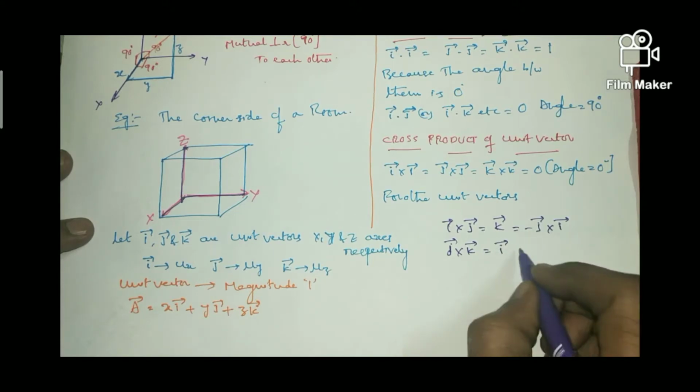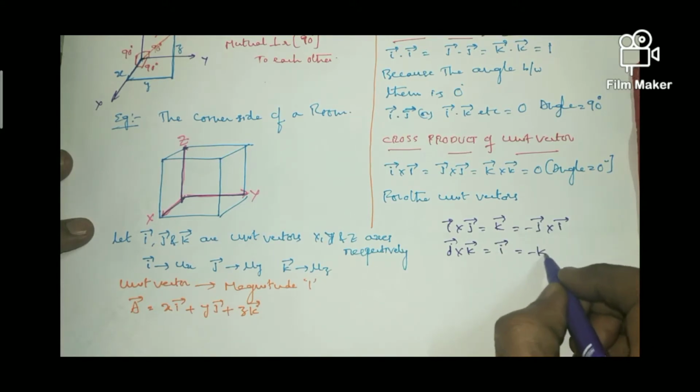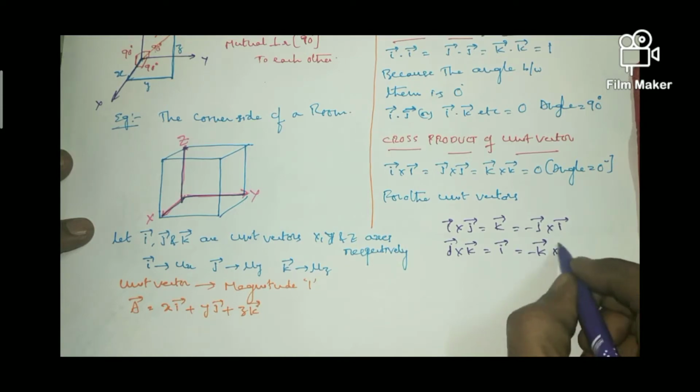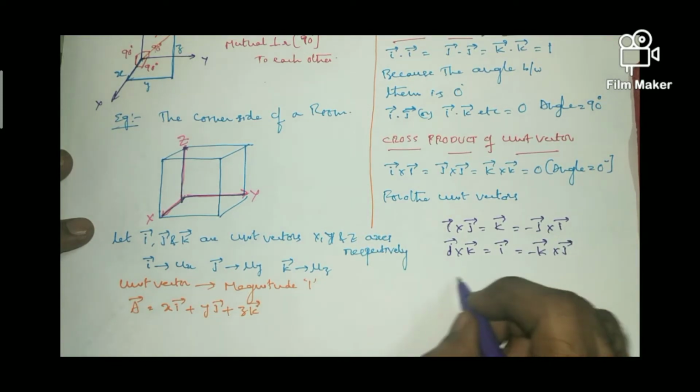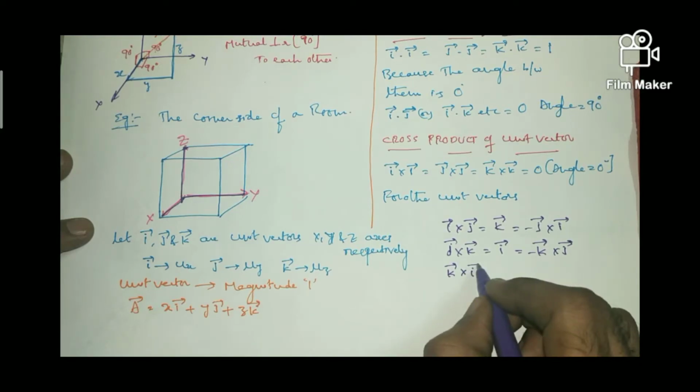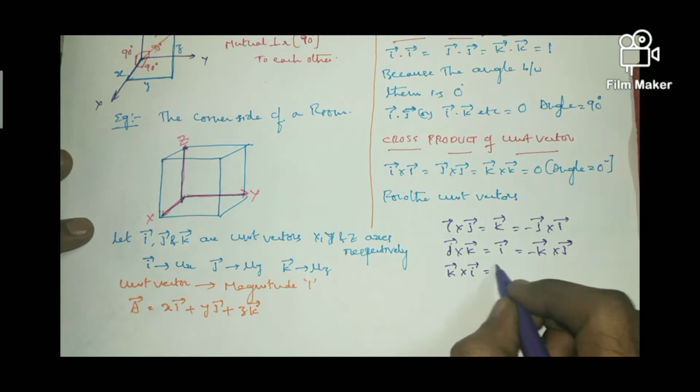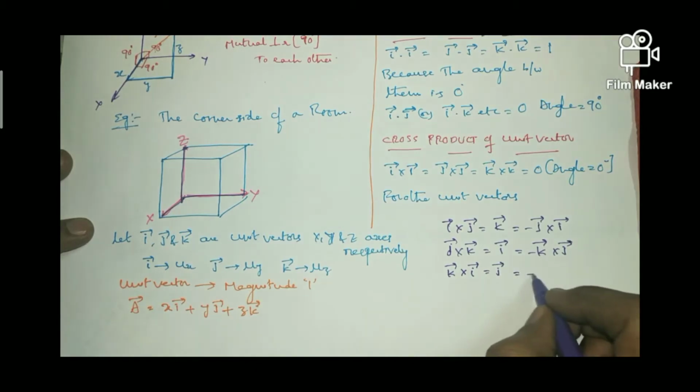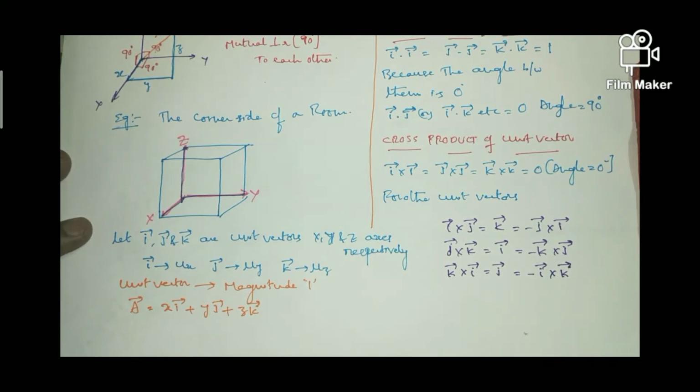Similarly, j bar cross k bar is equal to i bar, which is also equal to minus k bar cross j bar, and k bar cross i bar is equal to j bar, which is equal to minus i bar cross k bar. This is how we consider the cross product of unit vectors.